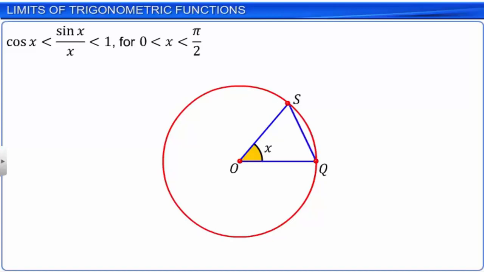We will draw the chord as shown. Now, we will draw a perpendicular from point S onto line OQ. The meeting point is P. Next, we draw a line from Q and perpendicular to line OQ.